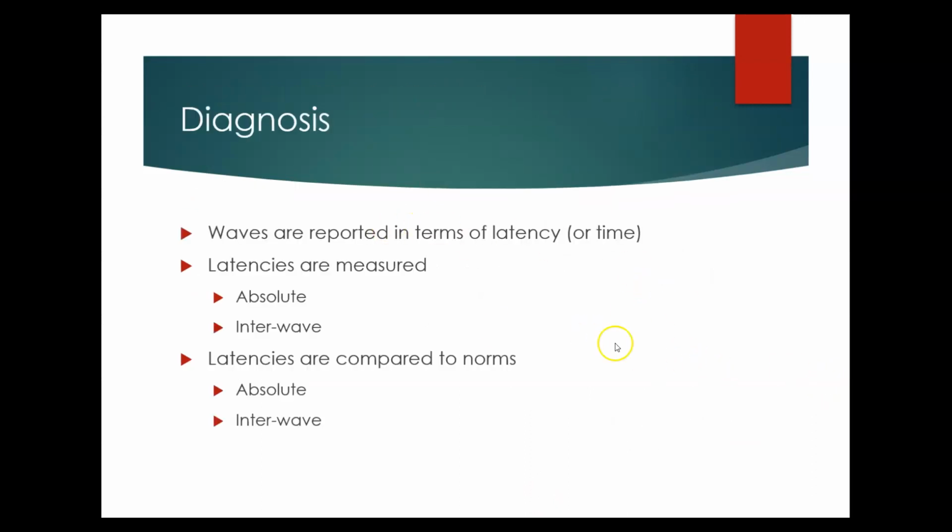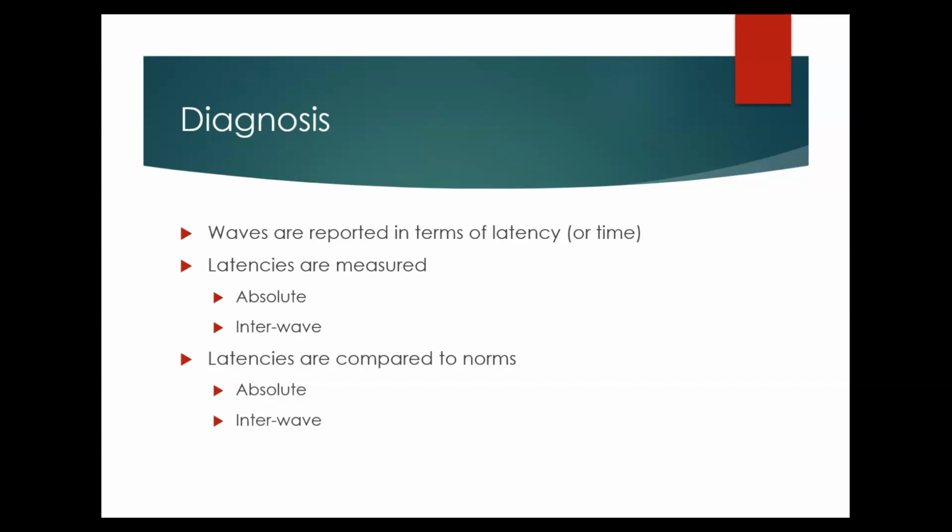So when we diagnose, we look at those 3 waves, and the waves are reported in terms of their latency, or what time they occurred after the stimulus. It's typically in milliseconds, so this is a very quick onset. The latencies are measured of wave 1, wave 3, and wave 5.